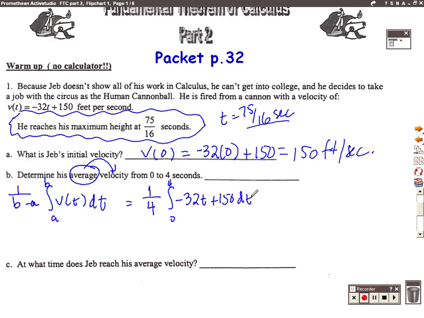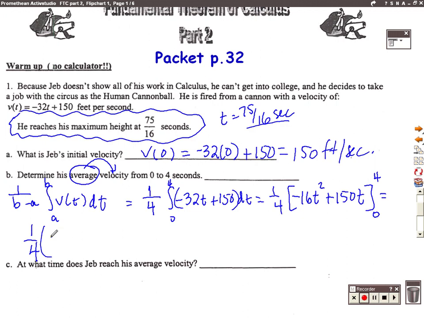dt, which is 1/4 of negative 16t squared plus 150t evaluated from 0 to 4, which is 1/4 of 344.